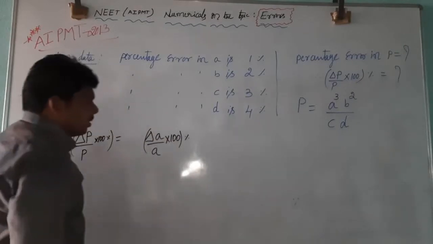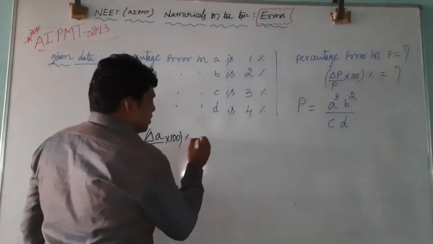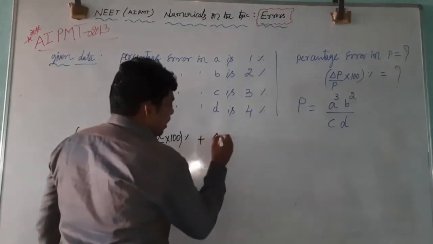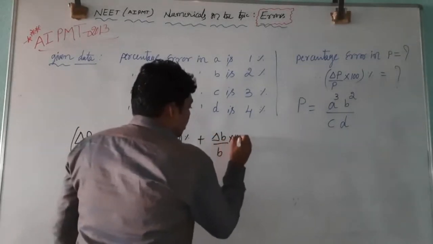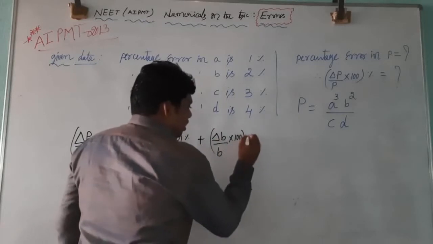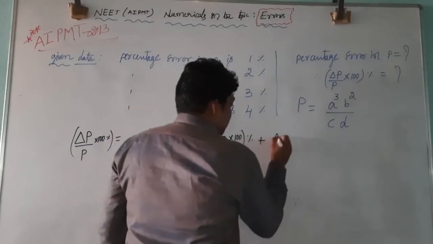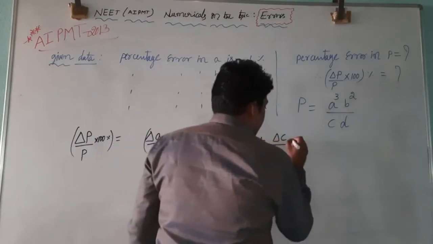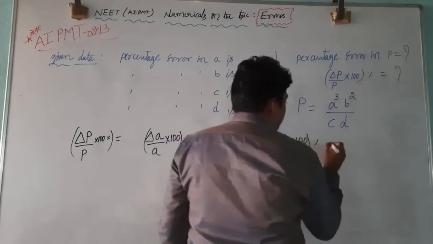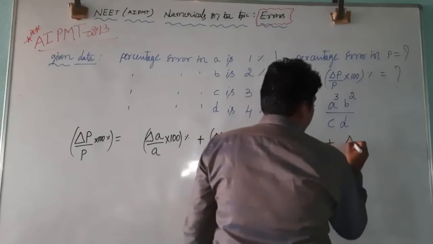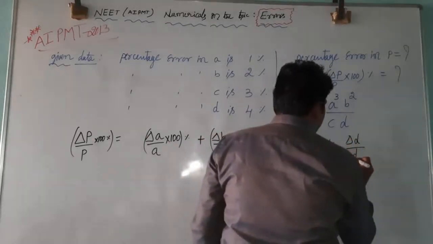Okay. Now plus another one is what? Delta B by B into, plus delta C by C, plus delta D by D.